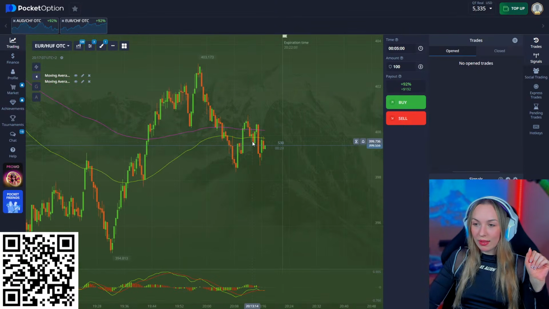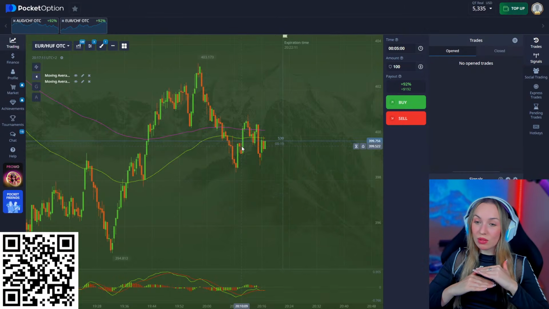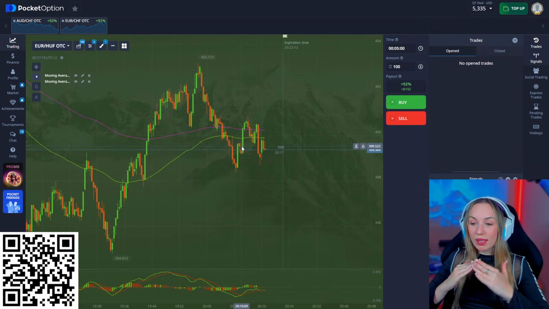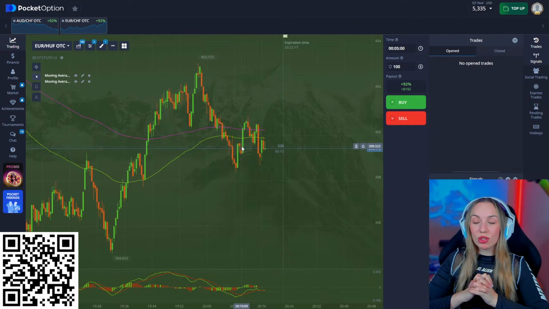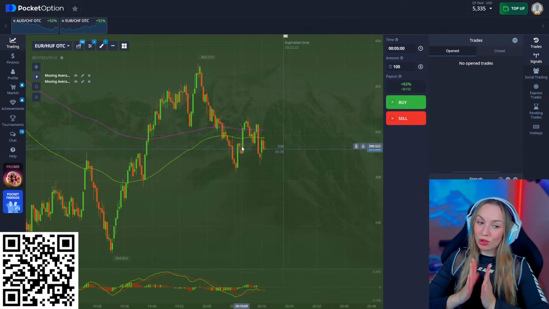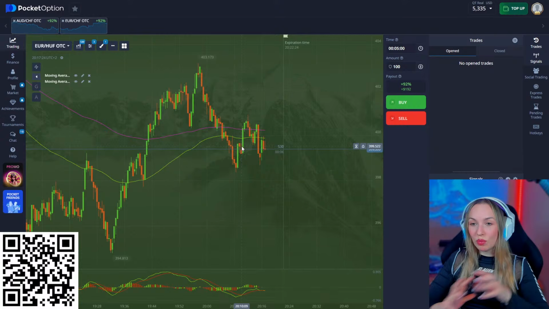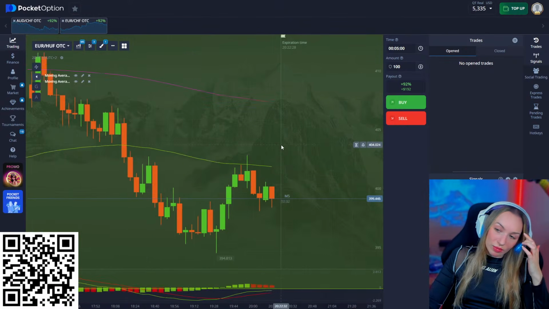The chart updated, and now they are not crossing, but they are parallel to each other, and there is a high possibility that they will cross. So even moving averages can't tell us in what direction is better to move right now, but I think more that it's gonna go down.